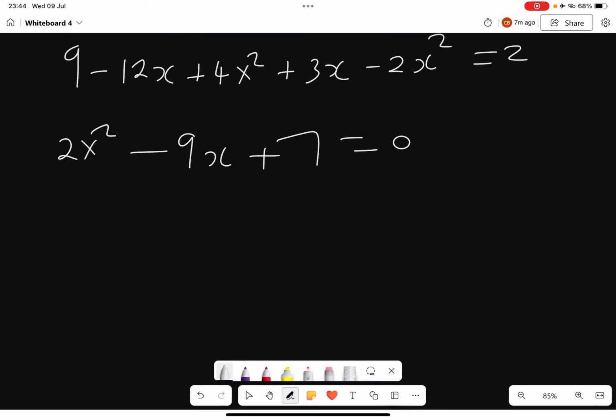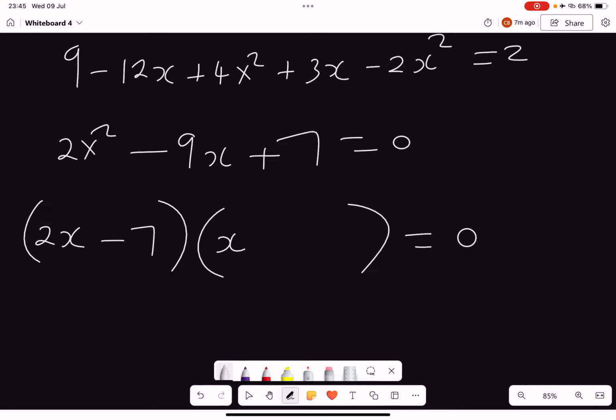And then from here, ladies and gentlemen, we can factorize, which is going to be (2x minus 7)(x minus 1).